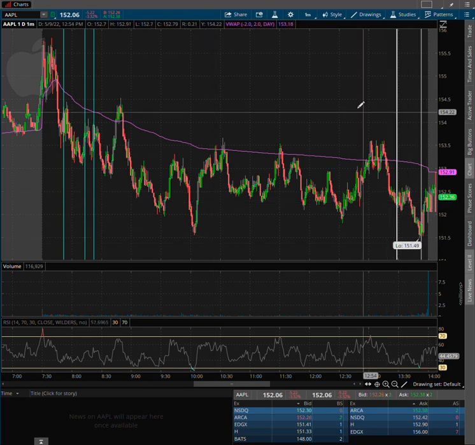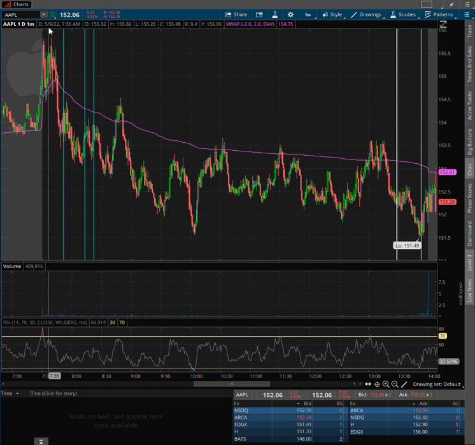So this trade in Apple on May 9th of 2022 is a prime example of those three elements that need to be observed so that I can avoid heavy losses.